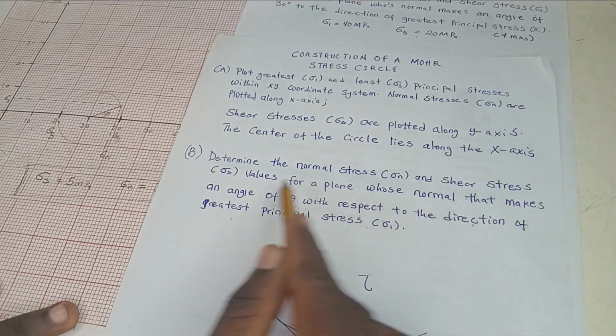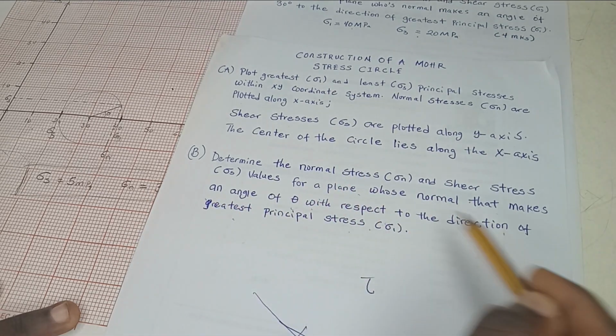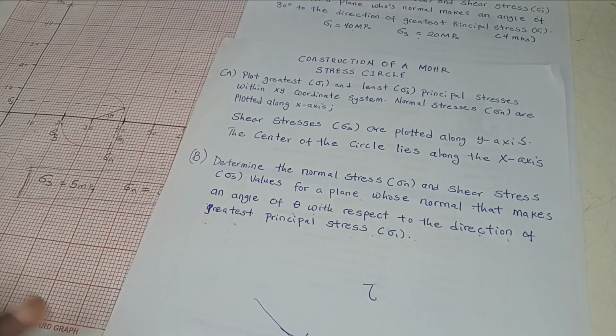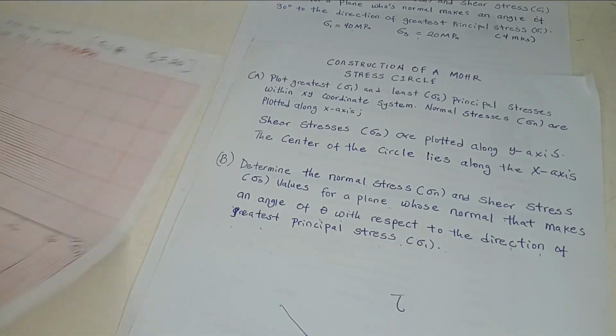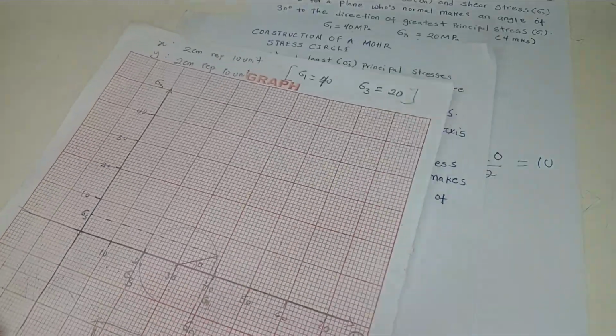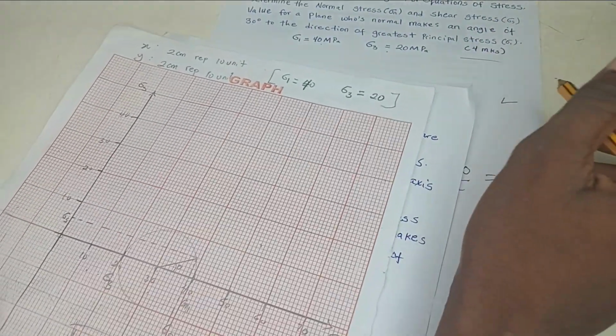Determine the normal stress and shear stress for a plane whose normal makes an angle of theta with respect to the direction of greatest principal stress, sigma 1. Following this and remembering the procedure, very easy. So this question is 4 marks and we are done. Thank you.